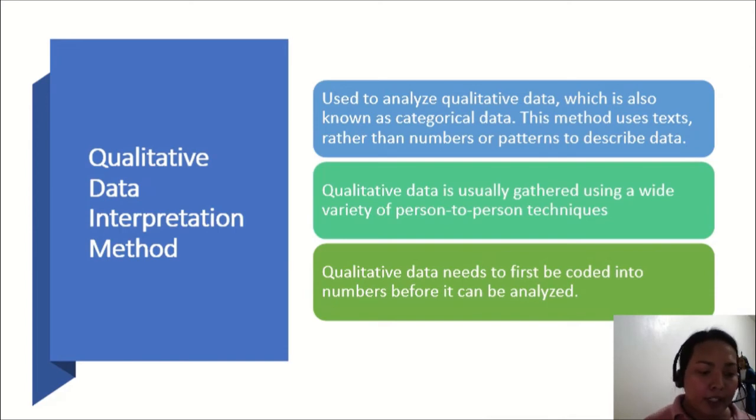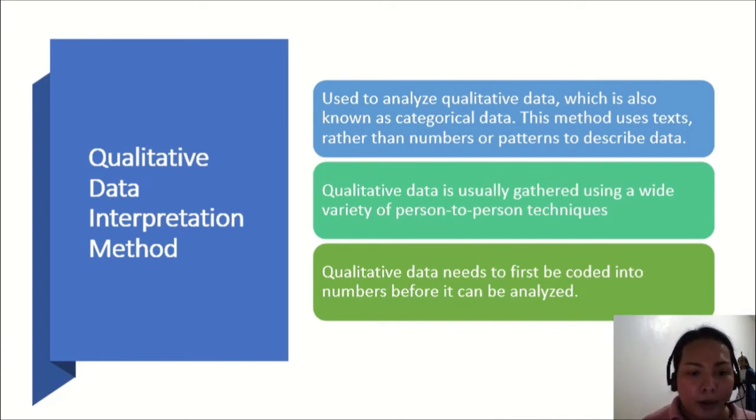Qualitative data is usually gathered using a wide variety of person-to-person techniques, which may be difficult to analyze compared to the quantitative research method. So unlike the quantitative data, which can be analyzed directly after it has been collected and sorted, qualitative data needs to first be coded into numbers before it can be analyzed.